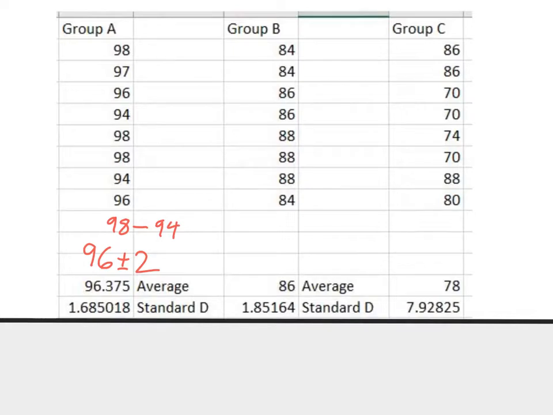Over here, we have 86 for an average and a standard deviation again of 2. So we can say that we have a class average here of 86 plus or minus 2, meaning that our test scores should be mainly between 88 and 84.